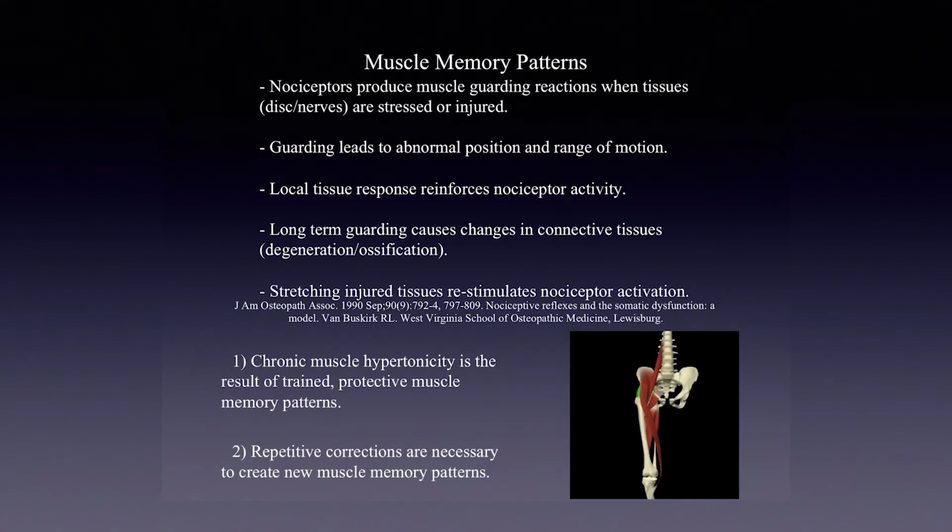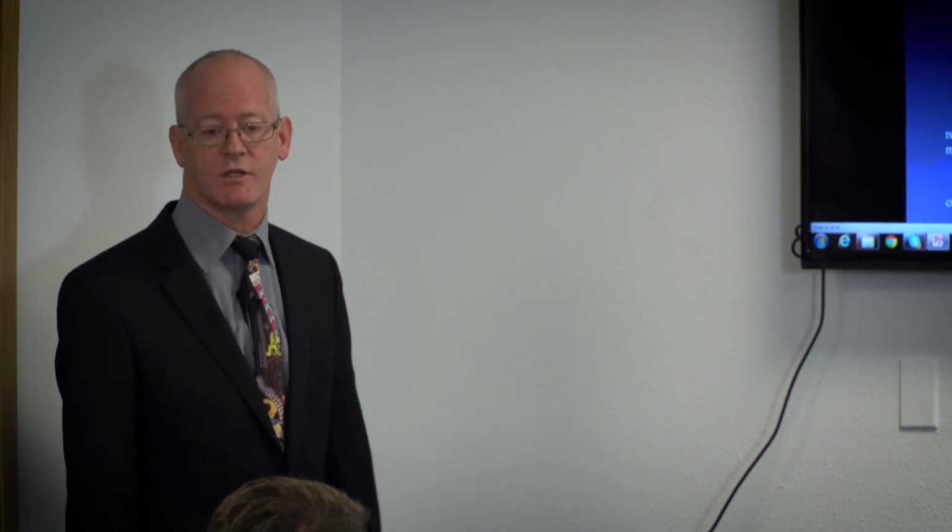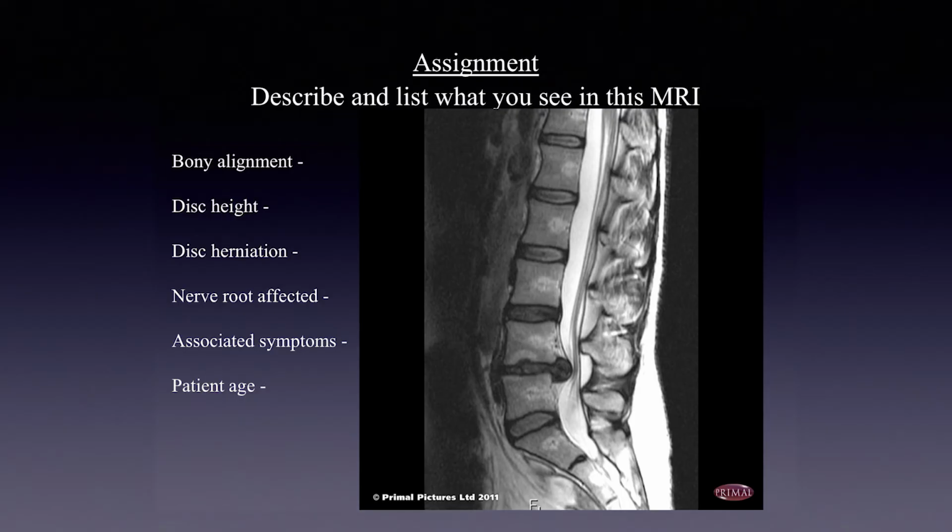What we want to do is change that muscle memory pattern, which means we might need to repeat seeing you to get these muscle memory patterns unlocked. It may not happen in just one visit. So this is your justification of why Mrs. Jones needs to keep coming back, because we've got to alter your mechanics. We want to change what's going on so that we don't keep going in this pattern and keep aggravating these symptoms.